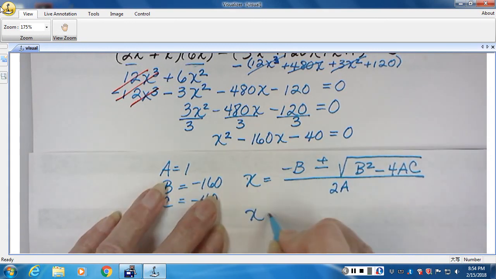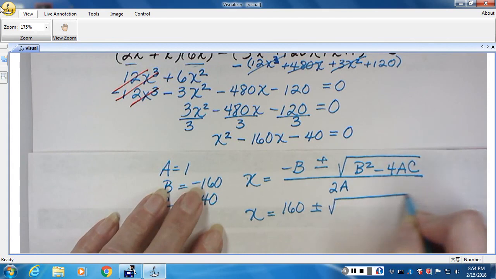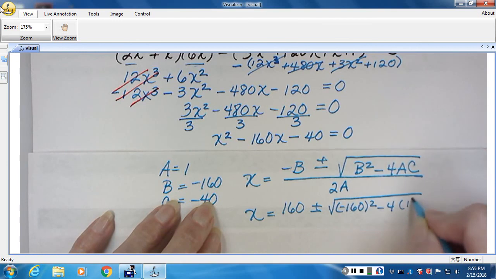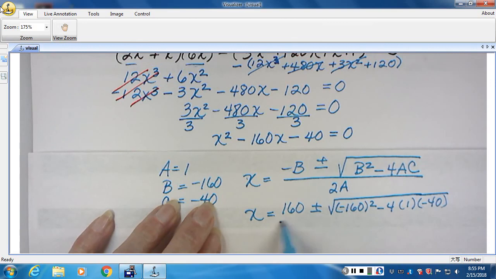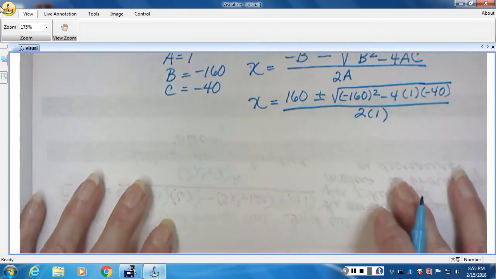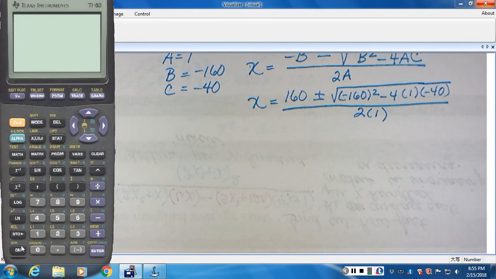So X is equal to the opposite of negative 160, which is positive 160, plus or minus the square root of negative 160 squared minus 4 times 1 times negative 40, all divided by 2 times 1. So now I need a calculator because I can't square 160 in my head.